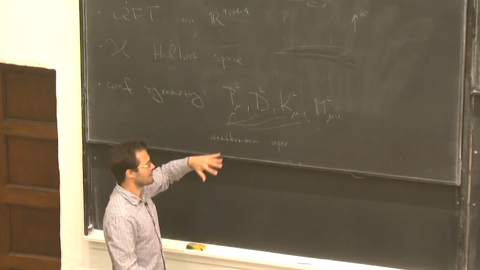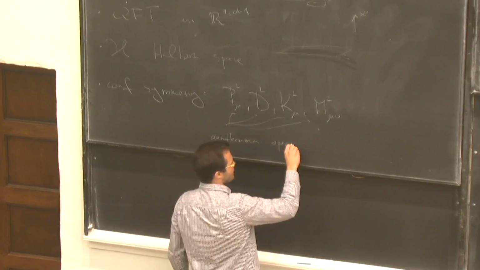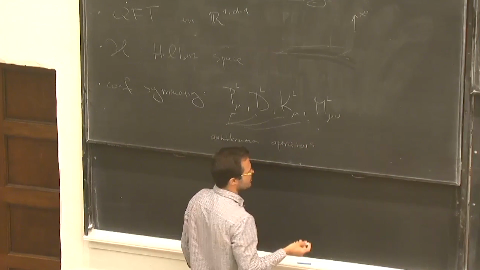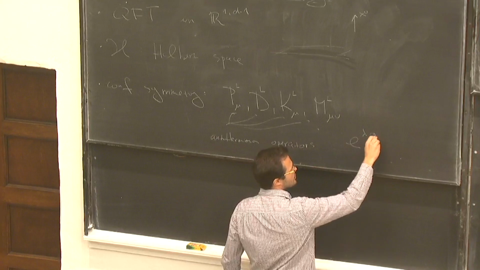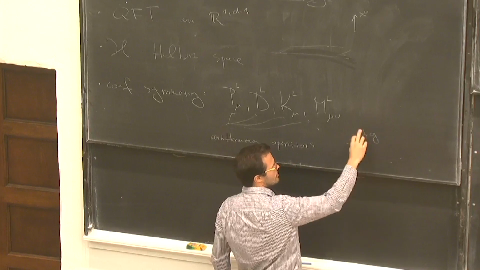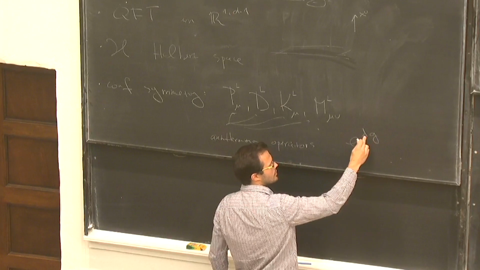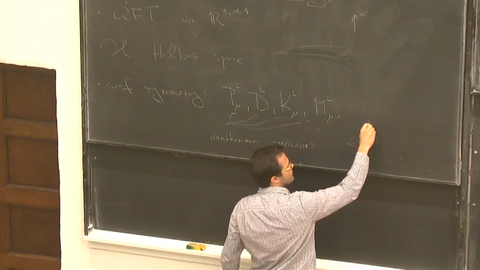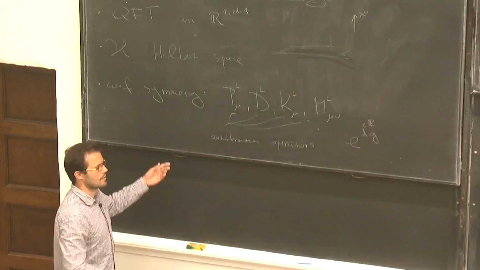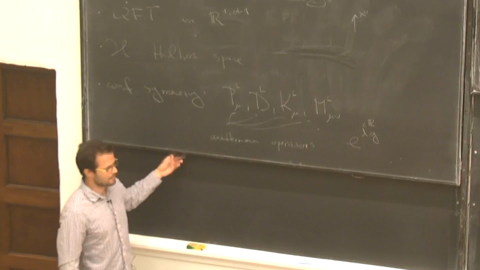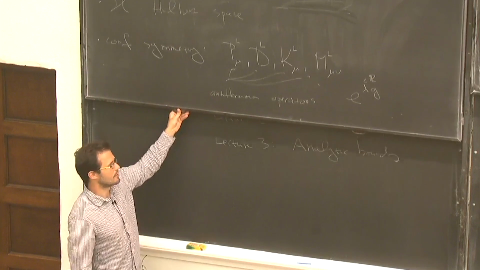So I prefer to think of them as anti-Hermitian, because then when G is the generator, the finite transformations are generated by e to the lambda G, where lambda is real, as opposed to imaginary. But that's just a matter of taste. You can put i's in the following formulas wherever you like.